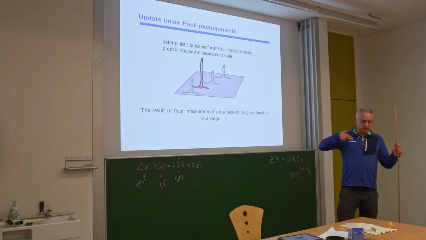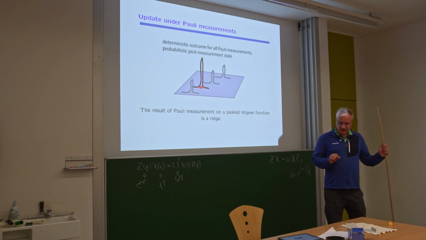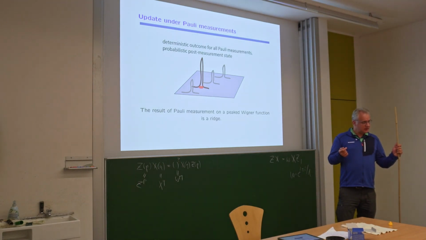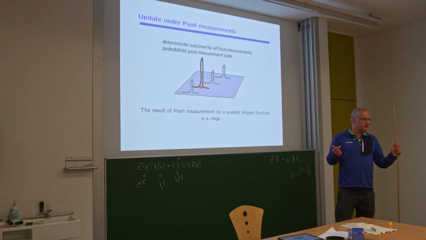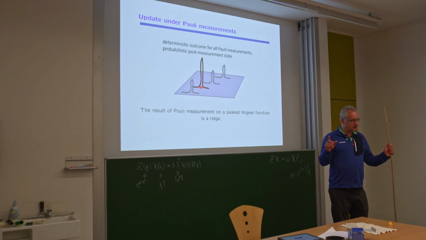So when you apply this Pauli operator in a unitary fashion, you should, modulo a phase or sign factor, get that very same state. And so the Wigner function should also be invariant under the action of that Pauli operator.